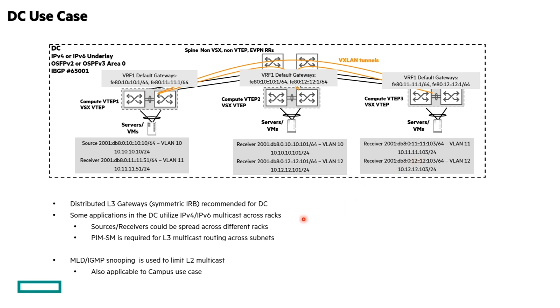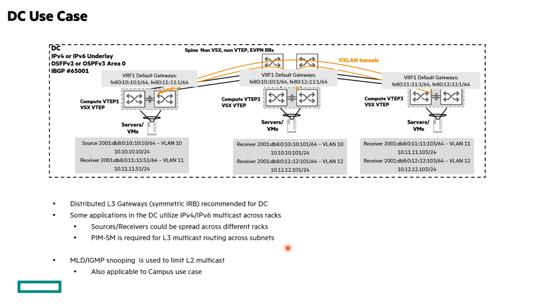So some applications in the DC will utilize both IPv4 and IPv6 multicast, and we could have sources and receivers spread across different racks, and hence the use for VXLAN when we're using the same VLAN. We will typically need to have PIM sparse mode because we need to communicate between different subnets as well.